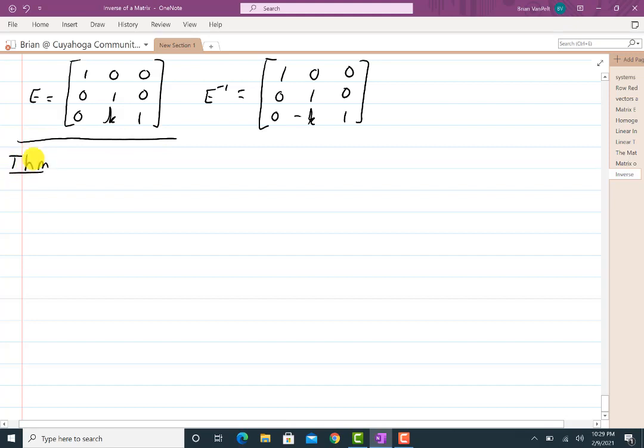Another theorem. Let A be an n by n matrix.